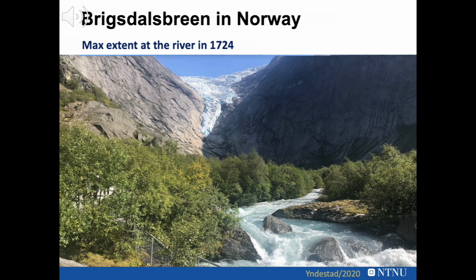The picture was taken at the glacier maximum at the year 1724. 20 years ago, it had a maximum at the water behind the trees. Now the glacier is climbing up the mountain.